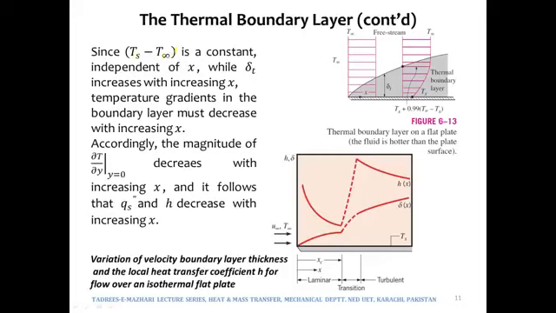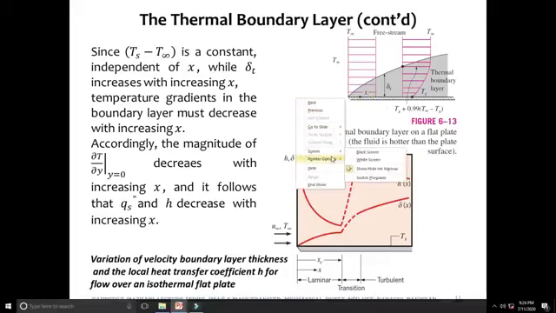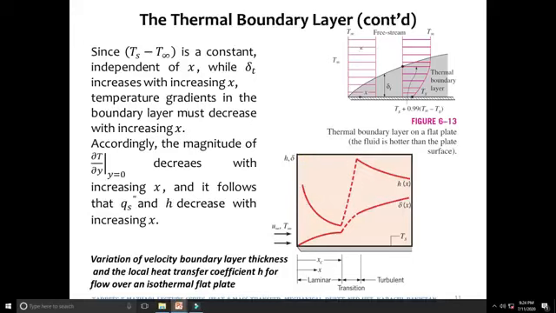Since Ts minus T infinity is a constant quantity in h A (Ts minus T infinity), this quantity is independent of x, because Ts would remain constant as we move along the length of the plate, and T infinity would also remain constant, while delta T, the thickness of the thermal boundary layer, increases with increasing x.